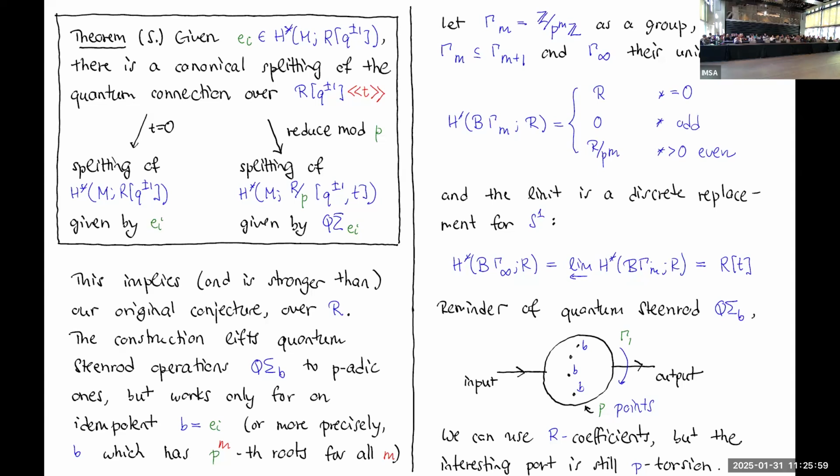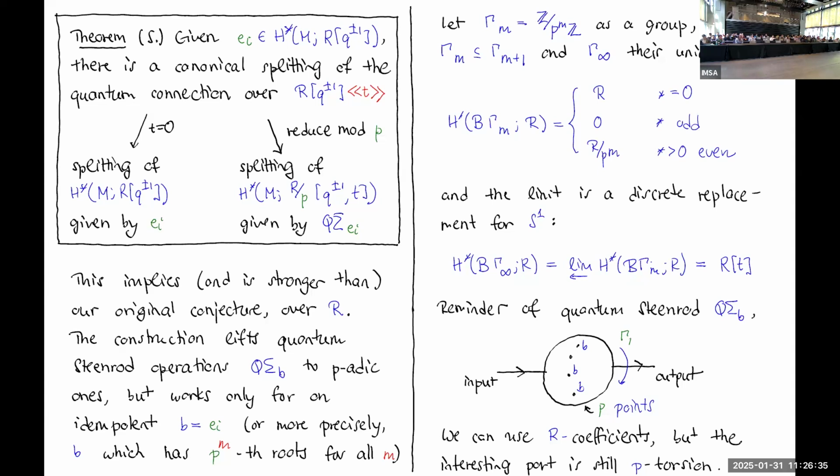This unfortunately only works for idempotents, or more precisely, it works for elements b in cohomology which, with respect to the quantum product, have p to the nth roots for all n, but I don't actually know a lot of interesting examples of that, I'm afraid. I'm slightly the most nervous about this because with the idempotents, I'm okay. If anybody manages to construct this for a bunch of other b's, then we get a lot of covariantly constant endomorphisms of the quantum connection.